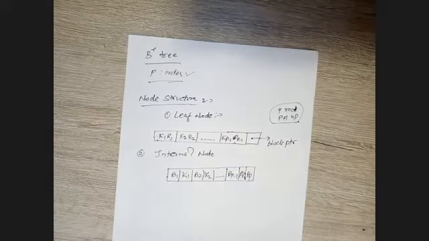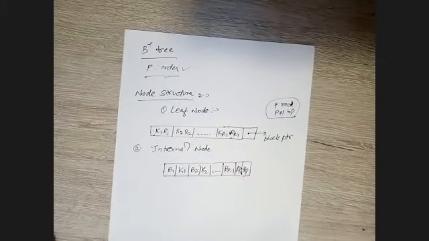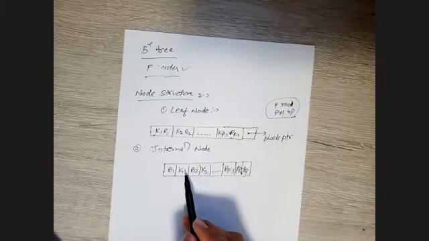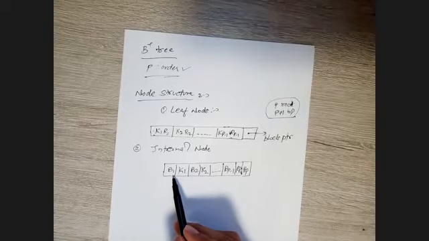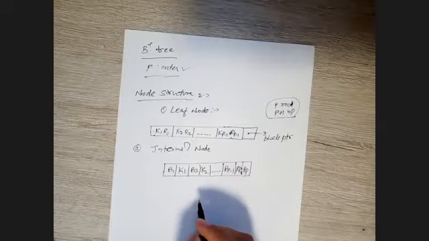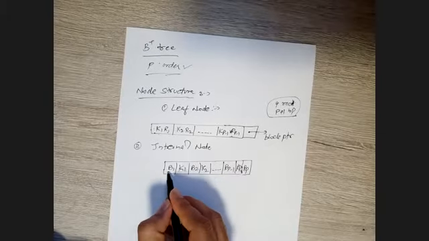So what's missing here? The record pointer. In the internal node, there is no record pointer. We have only K1, not R1. So this is the difference between B and B plus tree, right?